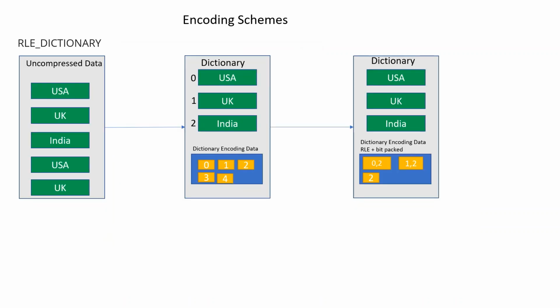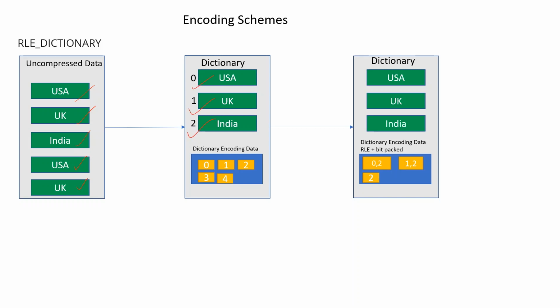This slide discusses the encoding schemes. We'll talk about the RLE dictionary. Here we have taken some countries and stored duplicate values. We have the countries USA, UK, India, where USA comes again 2 times and UK also comes 2 times. If you put that in a dictionary, we put 0 for the USA, 1 for the UK, and 2 for India.